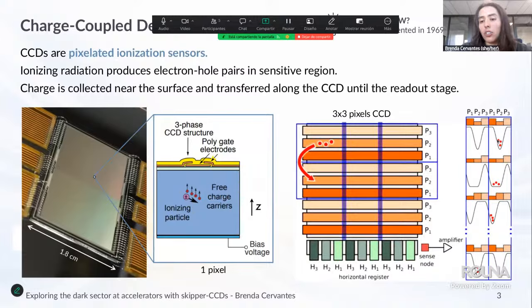When we decide to read out, we change the potentials in each of these electrodes to change the form of the potential well, and we can transfer the charge pixel by pixel sequentially towards a last row of pixels, and then horizontally towards the readout stage where we will read our charge.